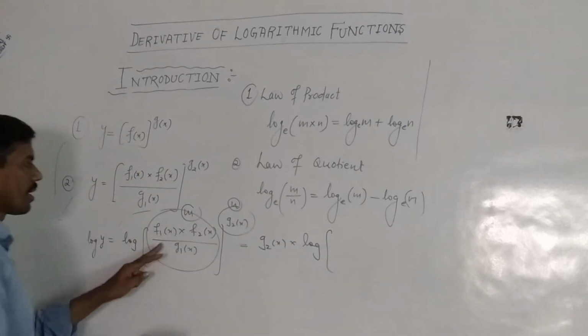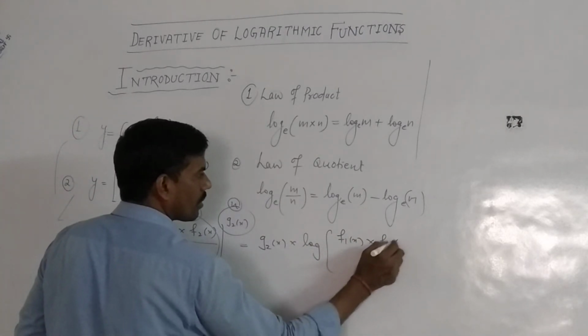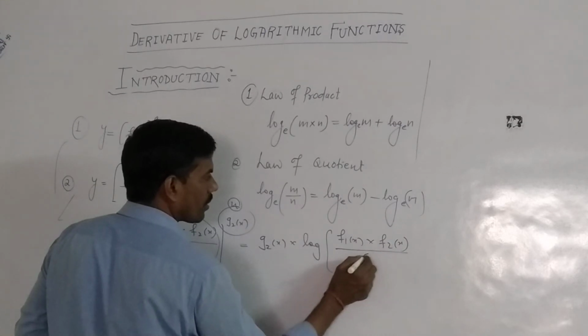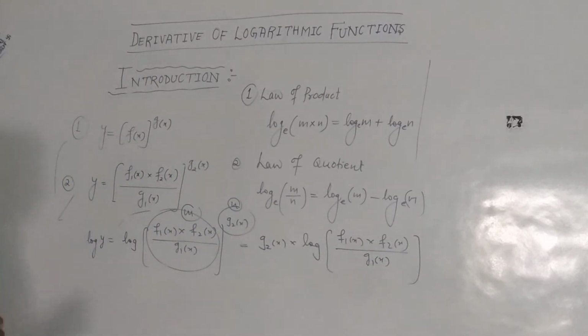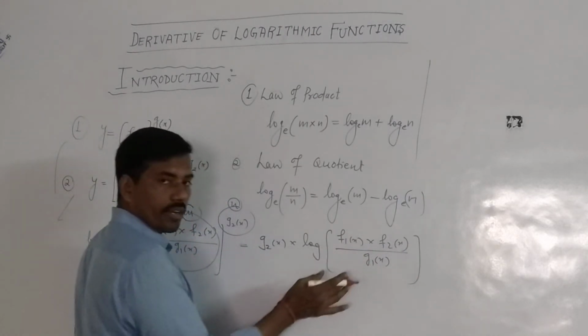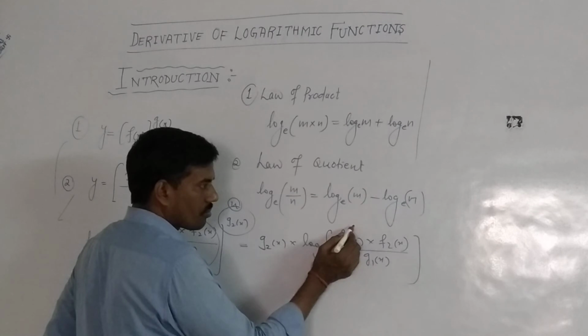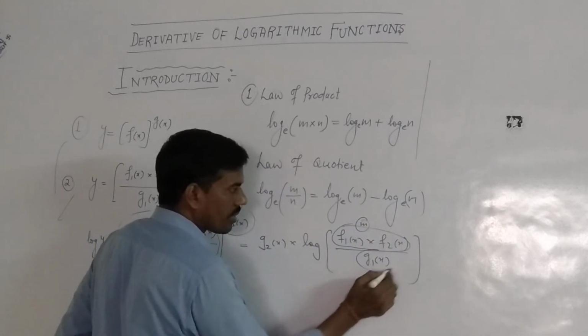M means f1x multiplied by f2x divided by g1x. Clear? And log of this one, again please see, this one is m and this one is n.